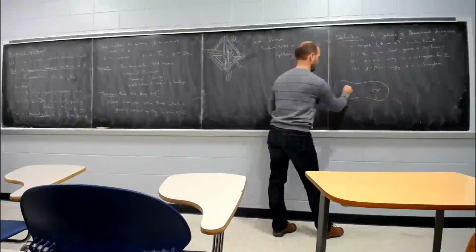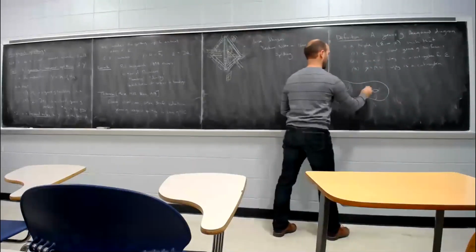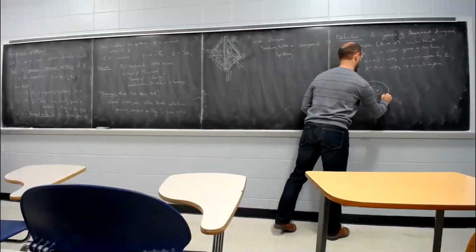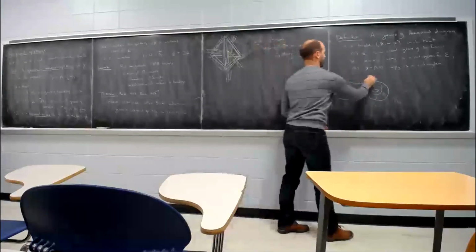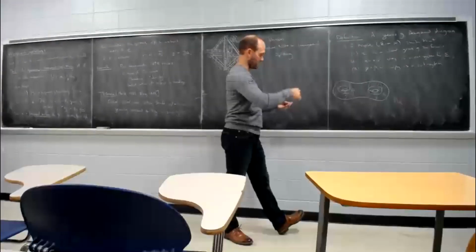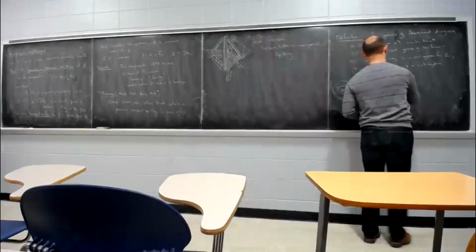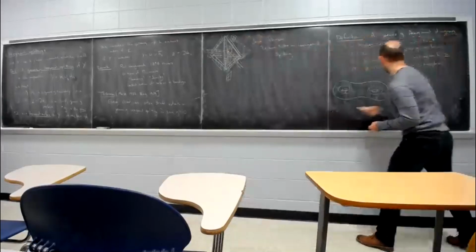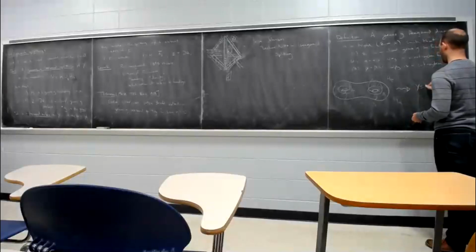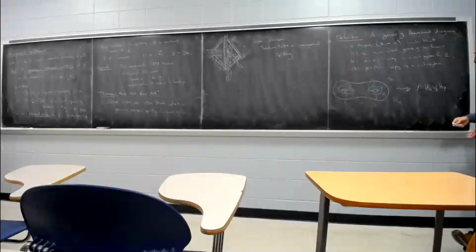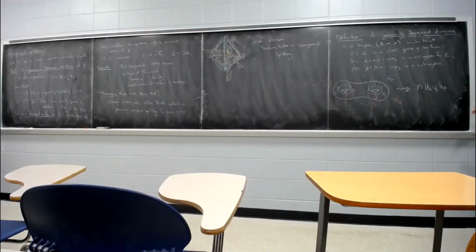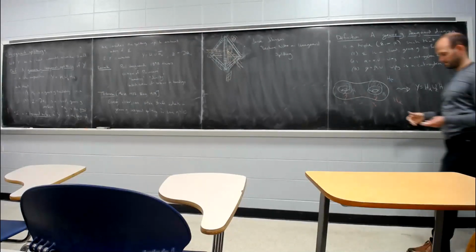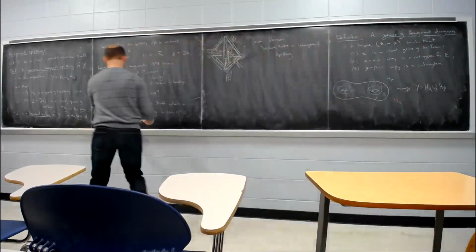And then likewise, the blue beta curves, so beta 1 and beta 2, also tell us how to attach disks so that the surface is surgered to a sphere and can be capped off to give another handle body. So we get a decomposition of Y into H alpha union along sigma H beta. So a genus G Haggard diagram determines a genus G Haggard splitting of some 3 manifold.